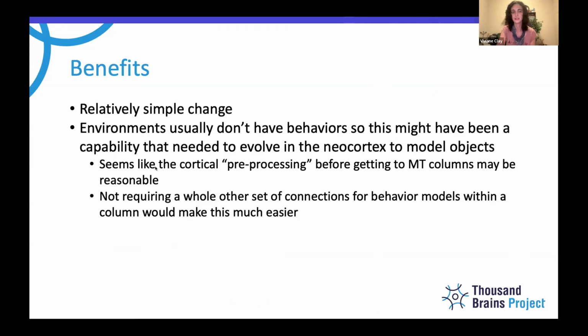So the cortical pre-processing before getting to MT columns may be a reasonable small addition that doesn't require a whole other set of connections for behavior models within a column, and would make it much easier to add that capability.